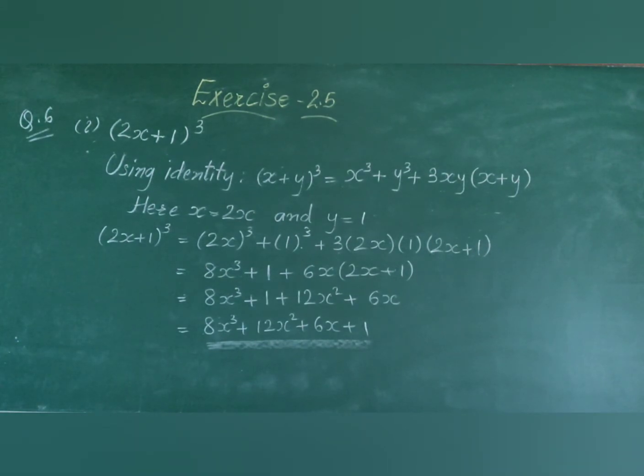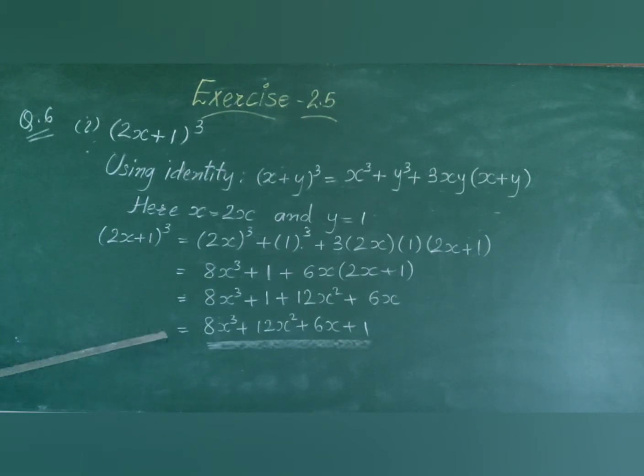Plus, first we solve here, multiply the outside brackets, that is 3 into 2x, we will get 6x into (2x + 1). Again we multiply the monomial by the binomial, we will get 8x cube + 12x square + 6x, because 6x into 2x gives 12x square and 6x into 1 gives 6x.